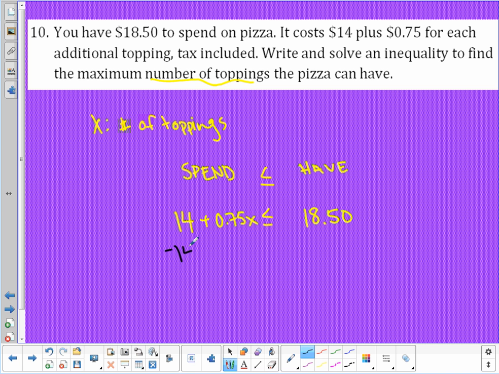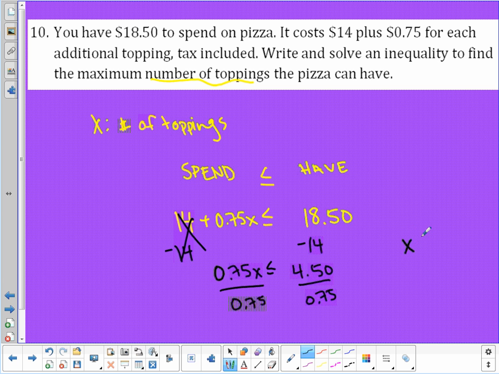Subtract the 14. This goes away. You have 75 cents times the toppings is less than or equal to $4.50, and then divide by the 75 cents. So I end up with x being less than or equal to 6.